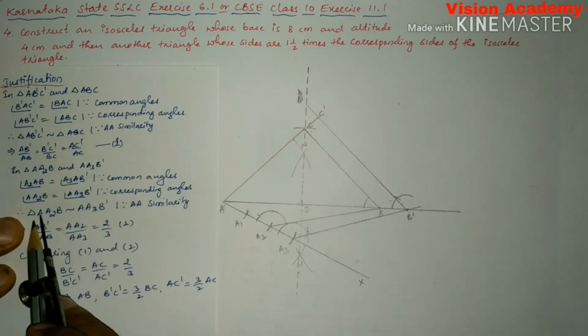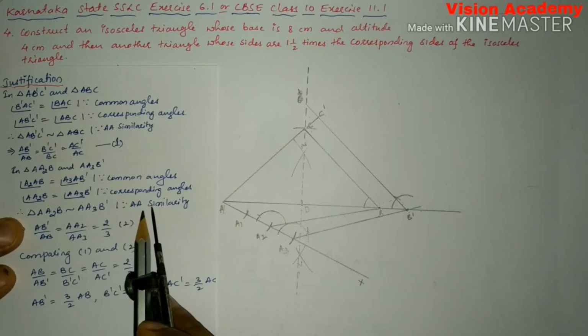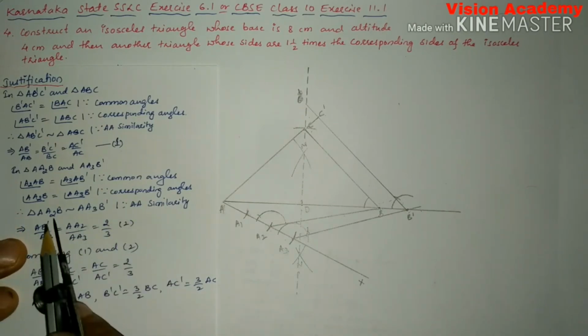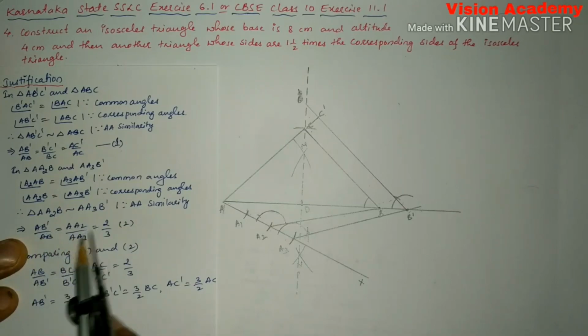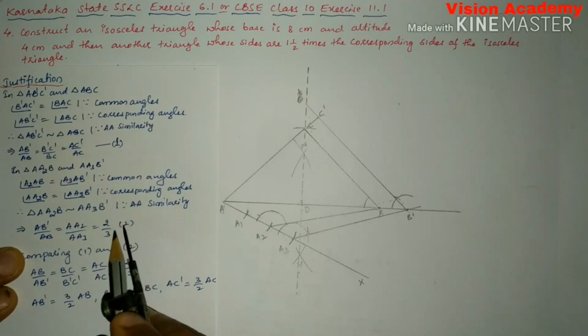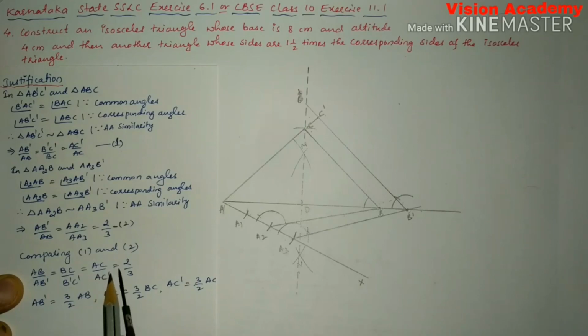So therefore triangle A2 AB is similar to triangle A3 A B dash because of angle similarity criterion. So this implies AB dash by AB is equal to A2 by A3 is equal to 2 by 3, and let us consider this one as equation number 2. On comparing equation 1 and 2, we will get AB by AB dash is equal to BC by B dash C dash is equal to AC by AC dash is equal to 2 by 3.